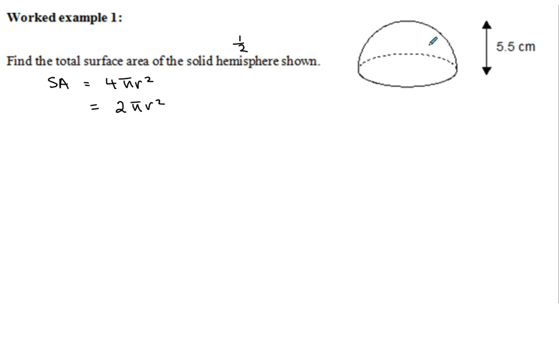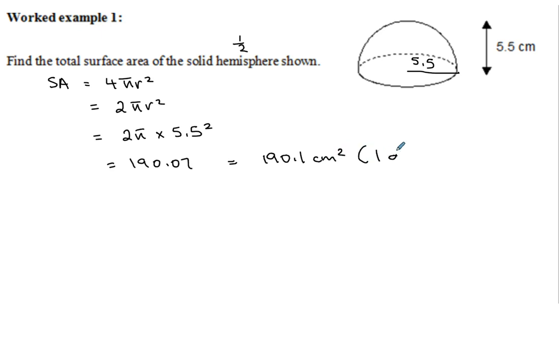You can tell if the height of that is 5.5, that's the same as the radius. So that's also 5.5. So then you just stick that in there, times 5.5 squared, and you get 190.07, and we'll just make it 190.1 centimeters squared, to 1 decimal place.